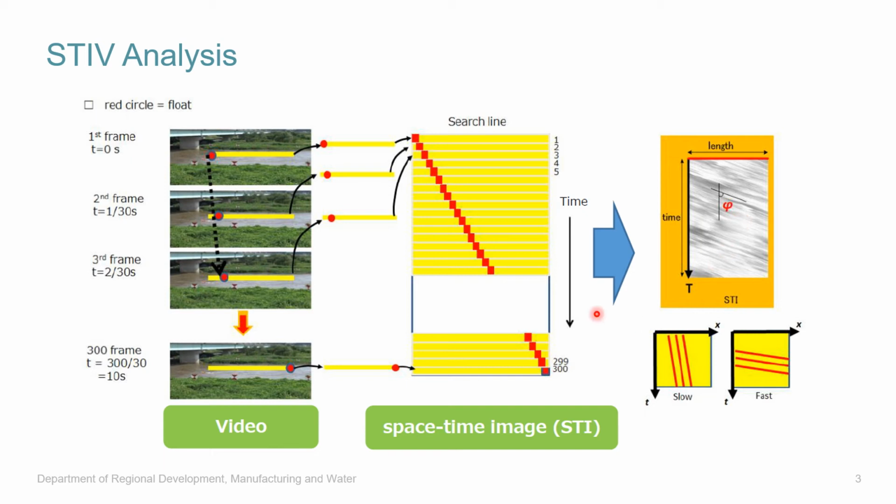So it's quite simple, using all the frames within the video. It allows a lot higher resolution, so it's more robust for when tracer particles are few and far between or not equally dispersed.